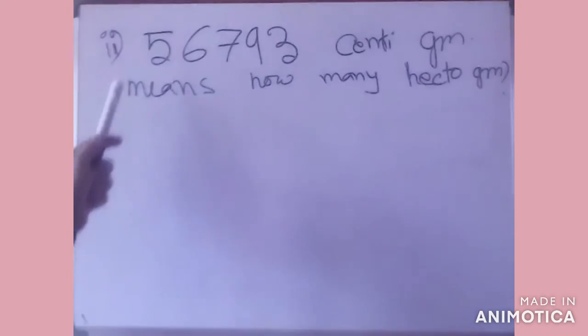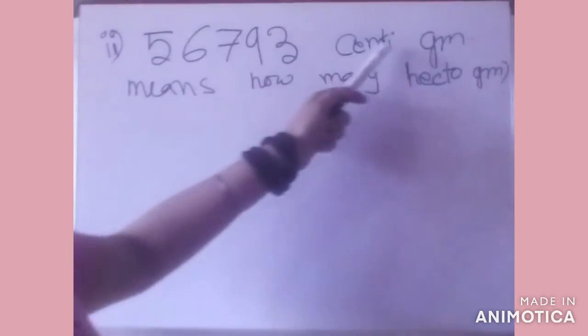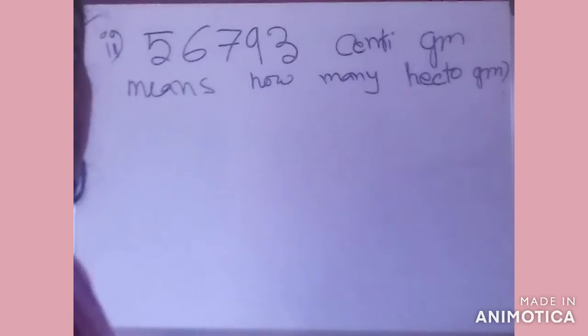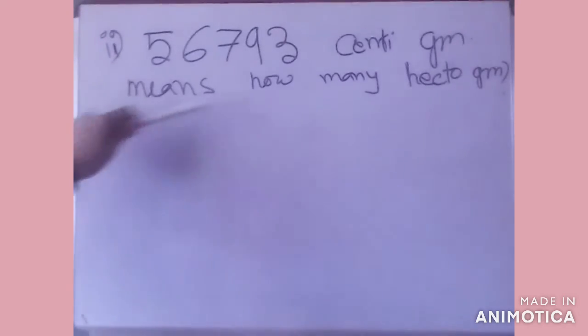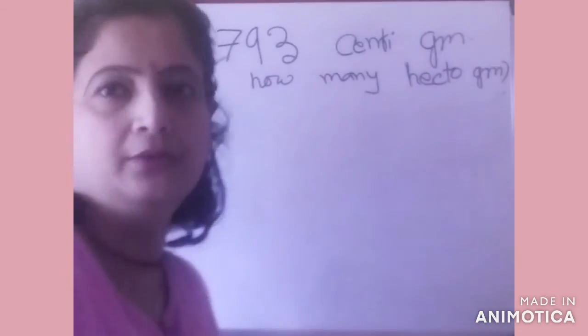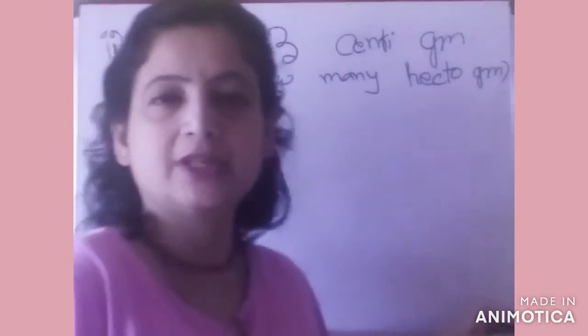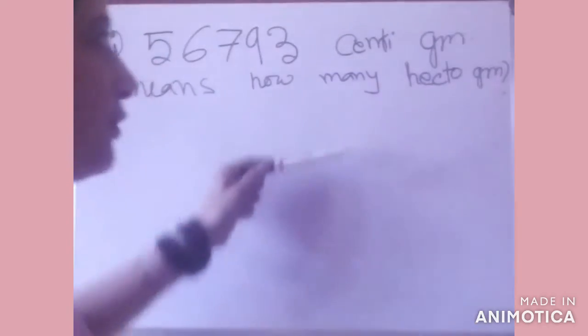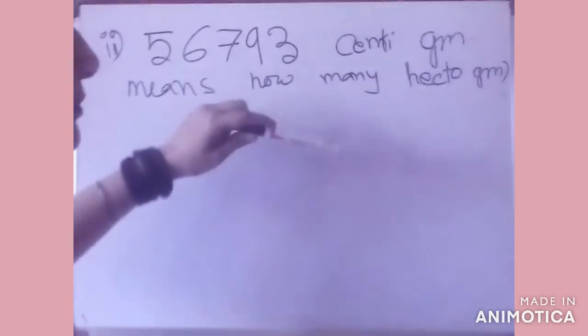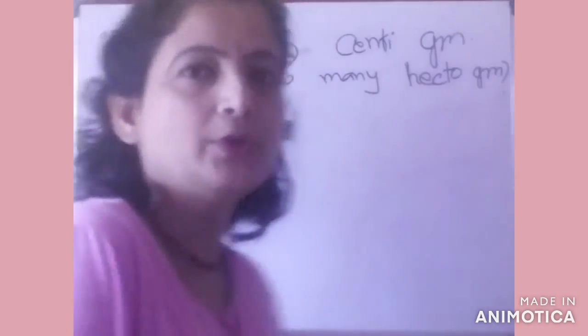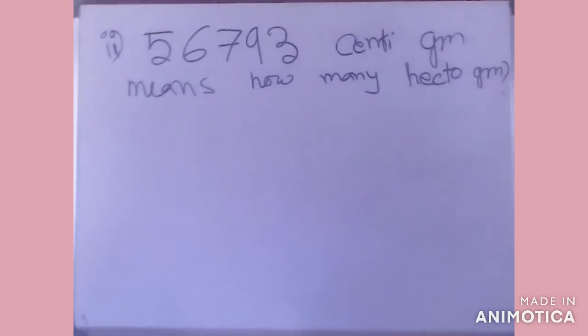Solve this one. It is given that 56793 centigram means how many hectogram. So centigram to hectogram. Centigram is a lower unit with respect to gram, and hectogram is an upper unit with respect to gram. So we have to go up. Up means each time we have to divide by 10.